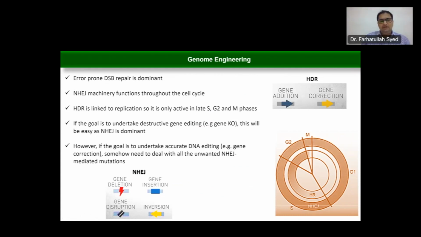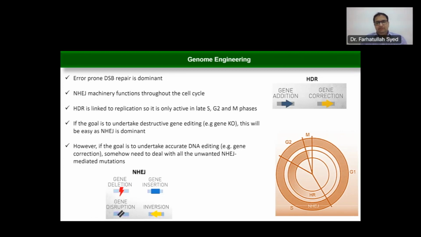If the goal is destructive gene editing, then non-homologous end joining will be easy. However, if the goal of the genome editing technology is to undertake accurate DNA editing, then somehow we have to deal with the unwanted non-homologous end joining mediated mutations.